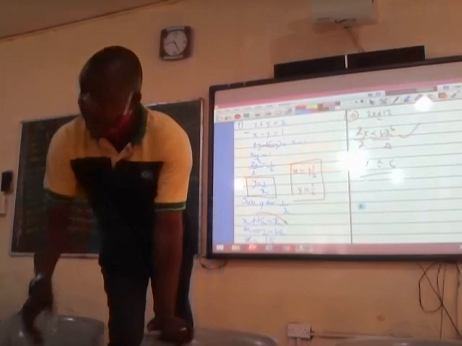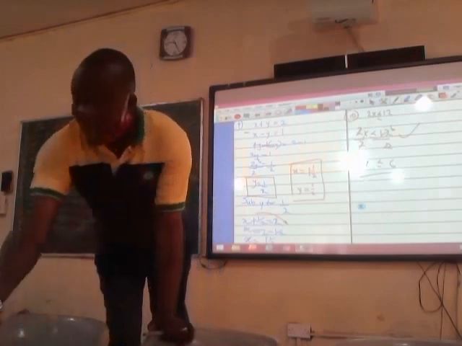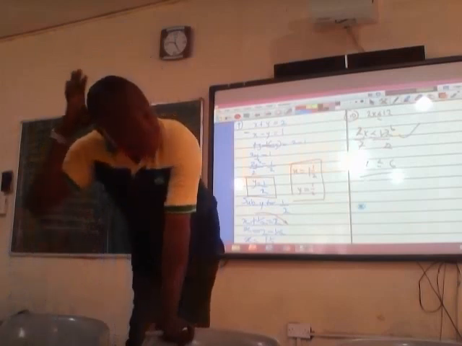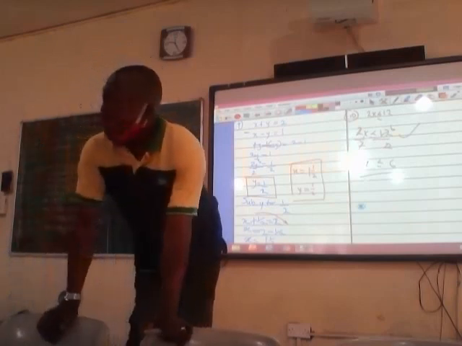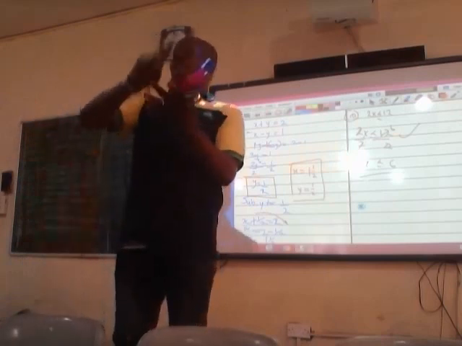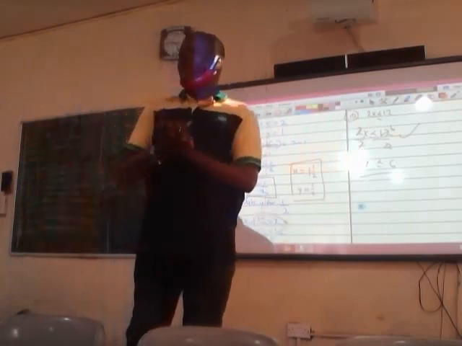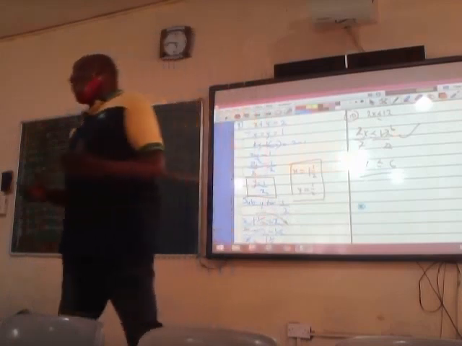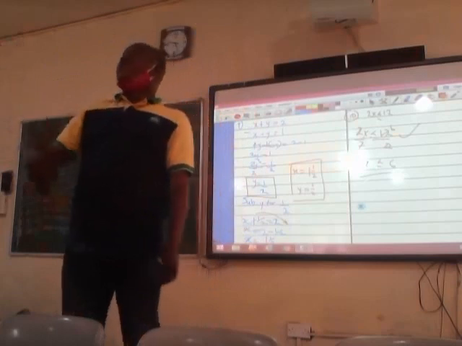You know that. The same 2018 paper 2, question 16 to 30. Or please 16 to 40. You have Friday, Saturday, Sunday. Okay, 16 to 30, no problem.